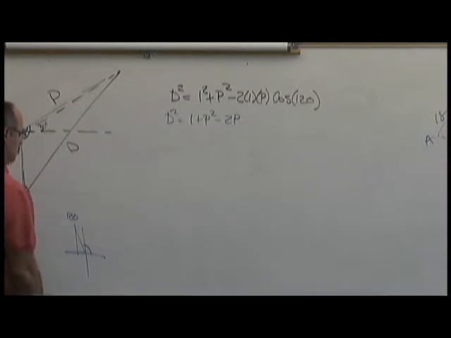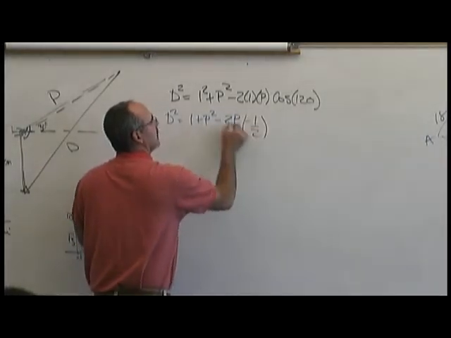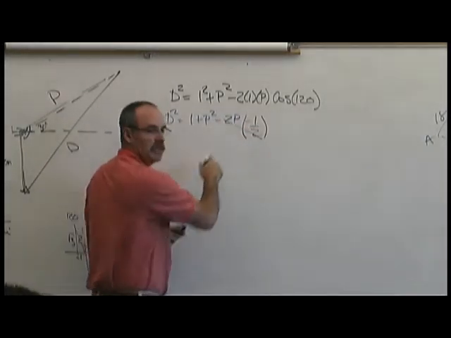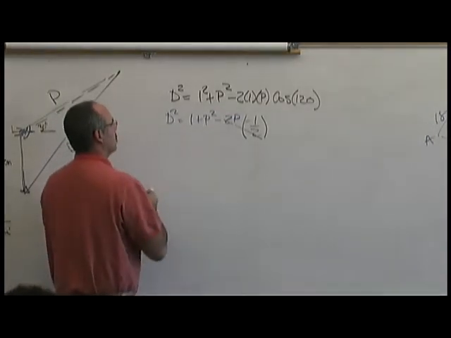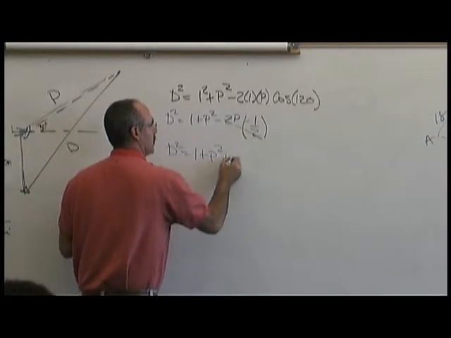No, 60. So x is short, y is long. Negative 1/2 is the cosine at 120, and certainly you could use your calculator to get that. These twos cancel, and I get plus p here. So I end up with d squared is equal to 1 plus p squared plus p.